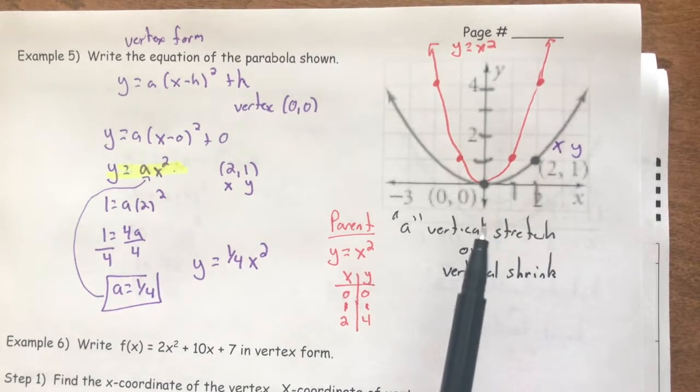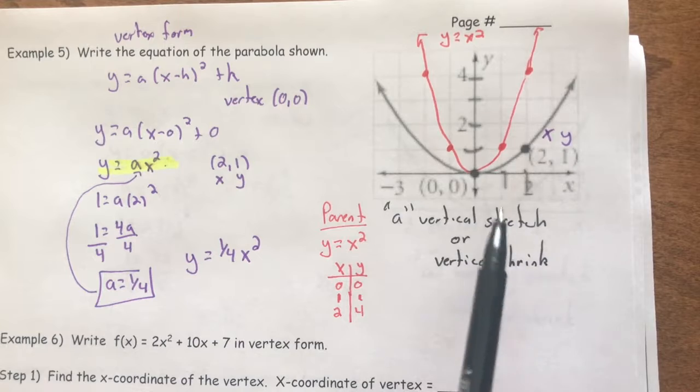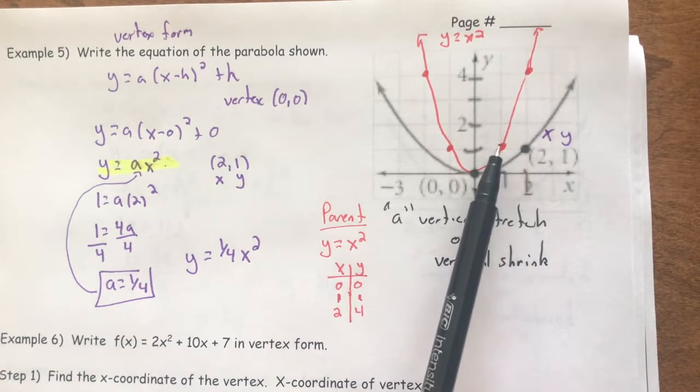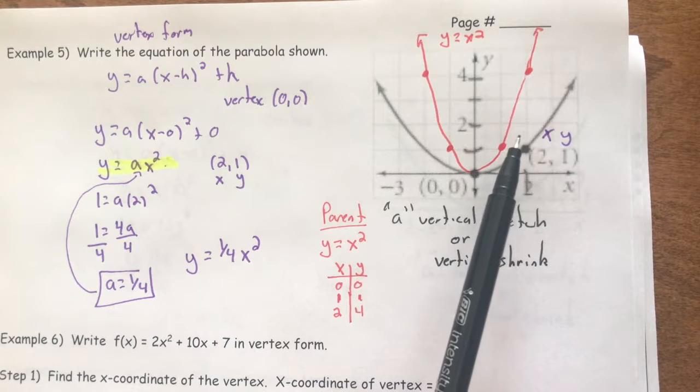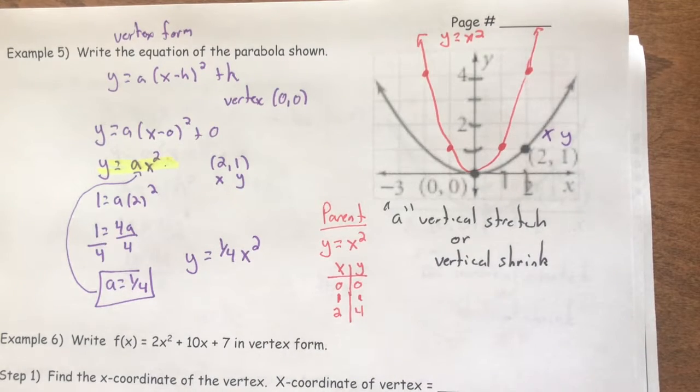Now vertical means the vertical height, up and down height. So the a value is either going to stretch our height from our x-axis, increasing it, or it's going to decrease the height from our x-axis. It's going to shrink it.